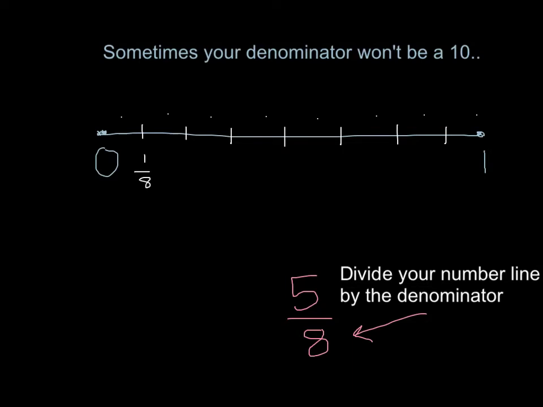So I have 1/8, 2/8, 3/8, 4/8, 5/8, 6/8, 7/8, and 8/8, which is the same thing as 1. So if I were wanting to plot 5/8, I'm just going to put a dot right above 5/8 on my number line.